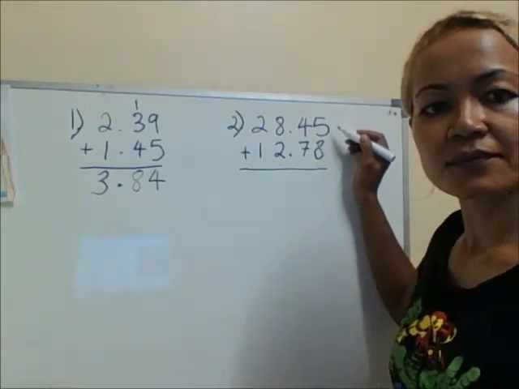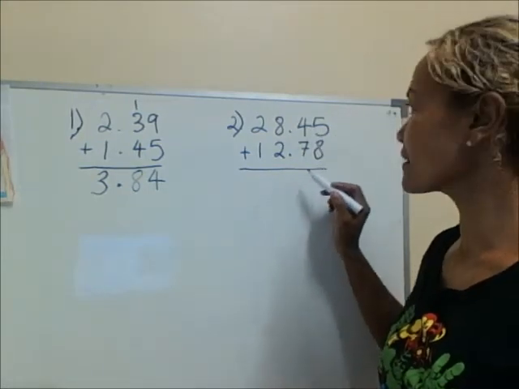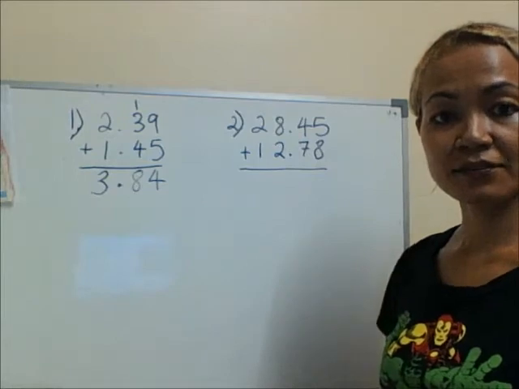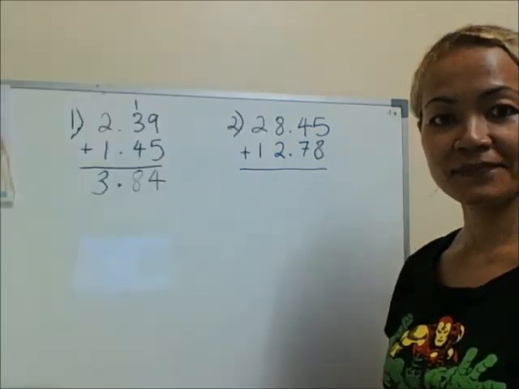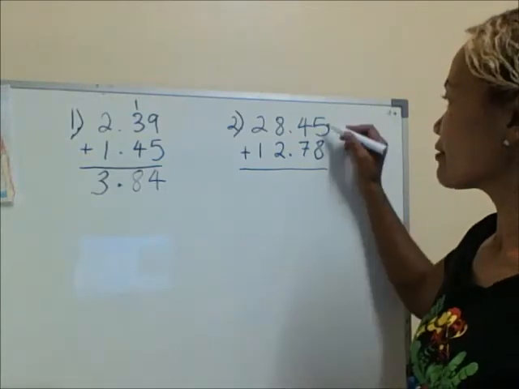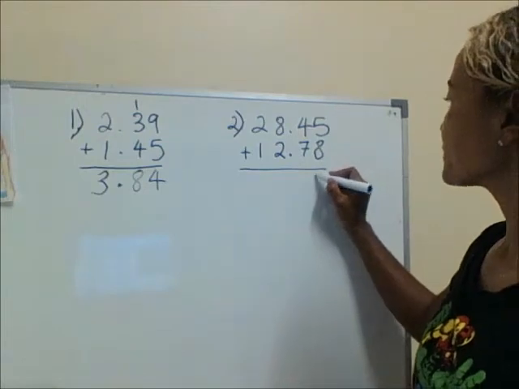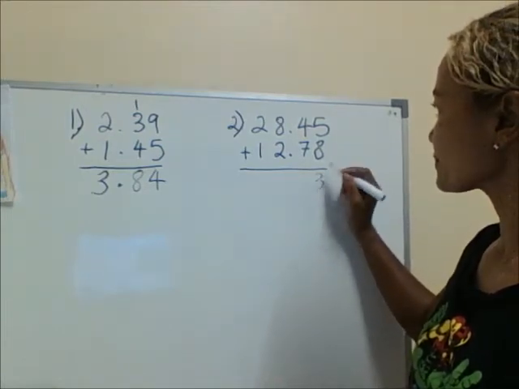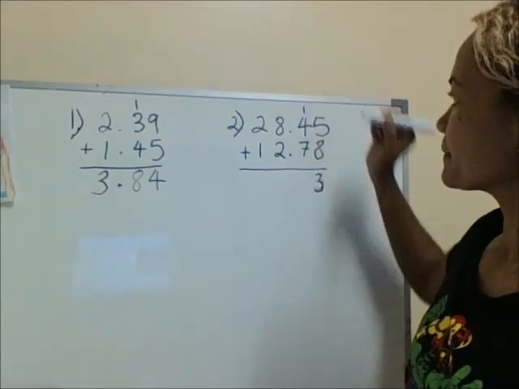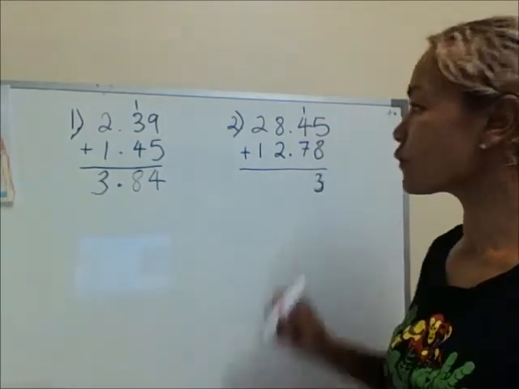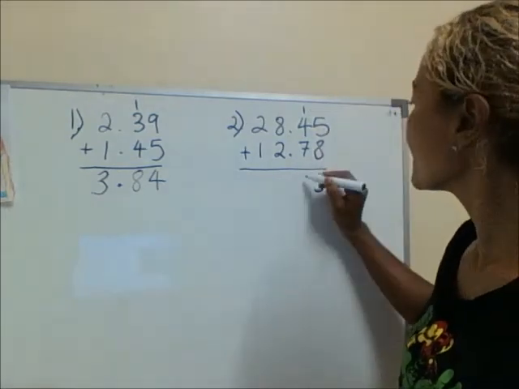All right, and then on to the next one. So 28.45 plus 12.78. I'll give you time to answer it now. Did you get it? Okay. 5 plus 8 gives you 13. 3, carry 1. 7 plus 4 is 11. Then you add the 1. That's 12.